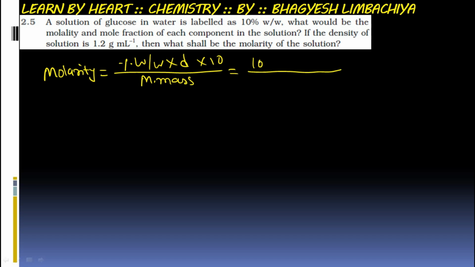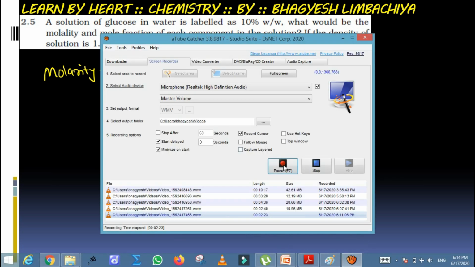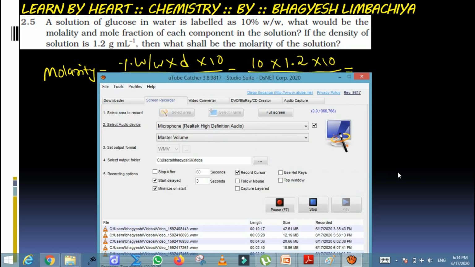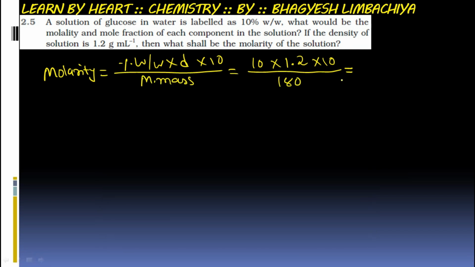So W by W is 10, density 1.2, into 10, divided by 180. The final answer is 0.666, so it is 0.67 molar.